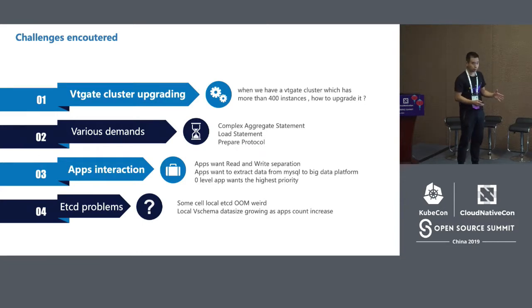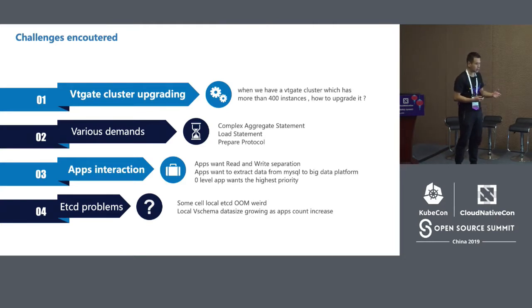First of all is the various demands, and some will say that we have a lot of things that are not supported. After we find out these problems, we are going to manage all of these demands, and also the influence between different apps, because it's shared clusters, so they want to have some priorities in these clusters.